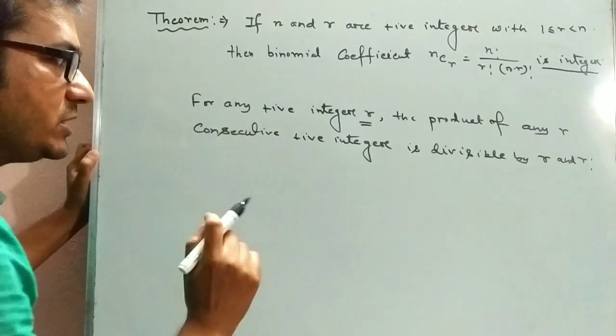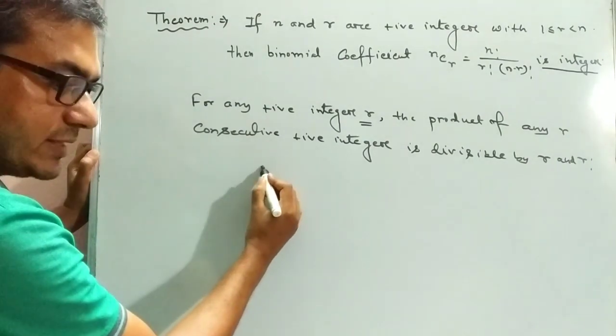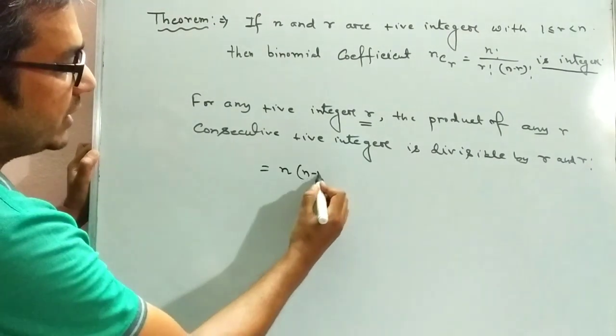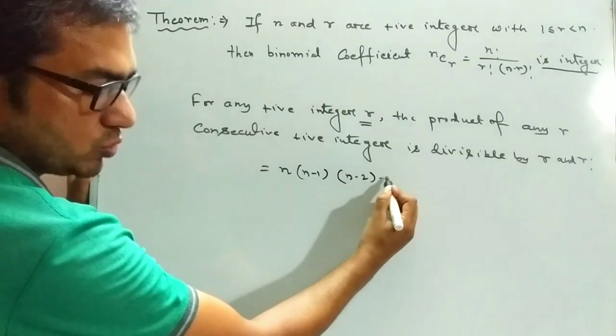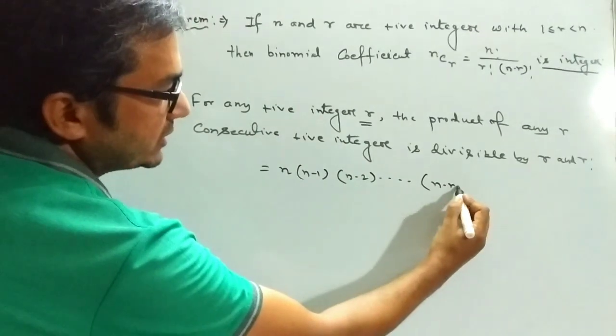We consider the product as n, n minus 1, n minus 2, up to n minus r plus 1.